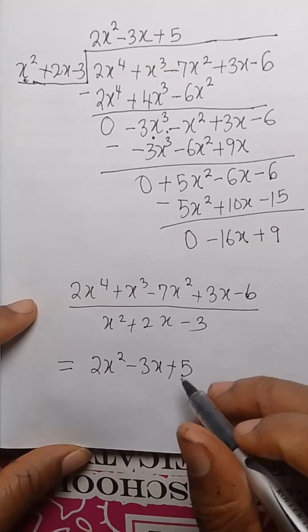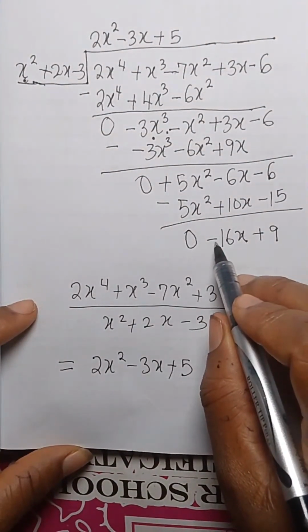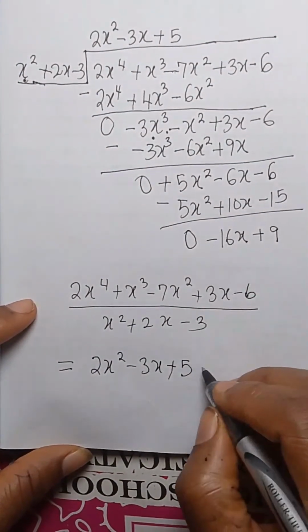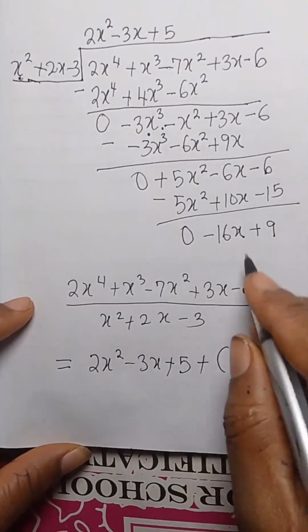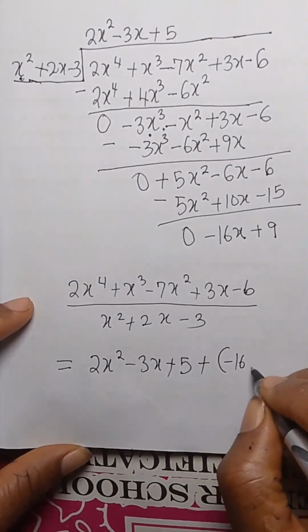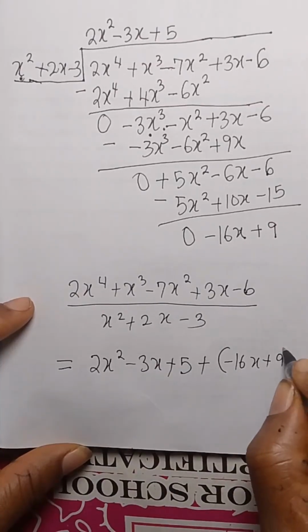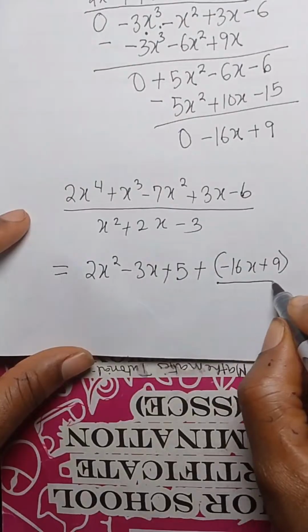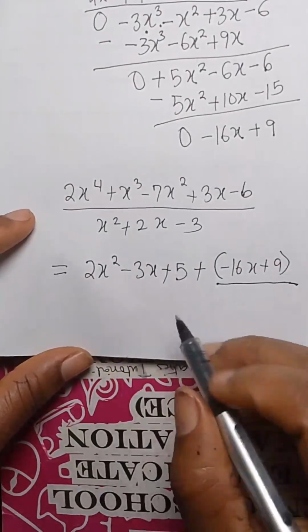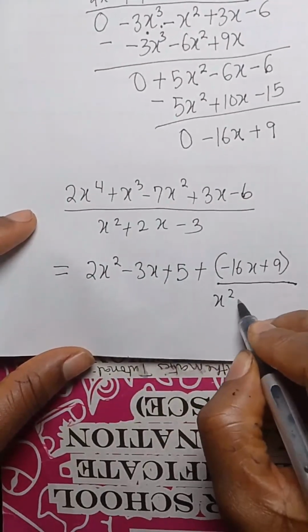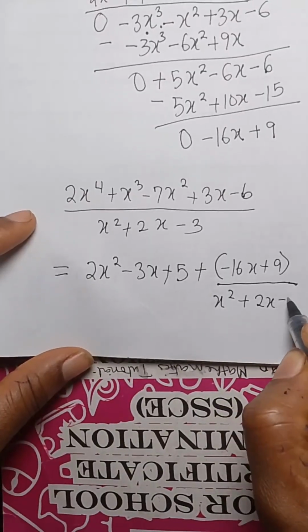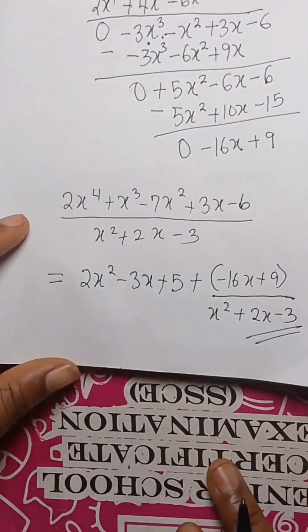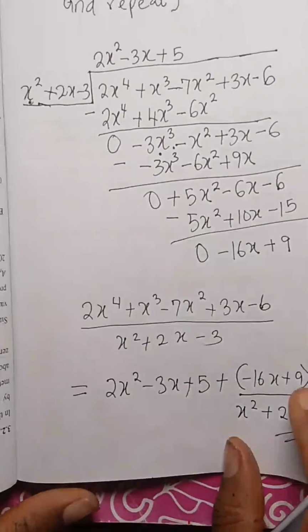All right. Then we are going to now do plus. We now put here in brackets minus 16x plus 9, all over the remainder, all over x squared plus 2x minus 3. So that is the solution to the question.